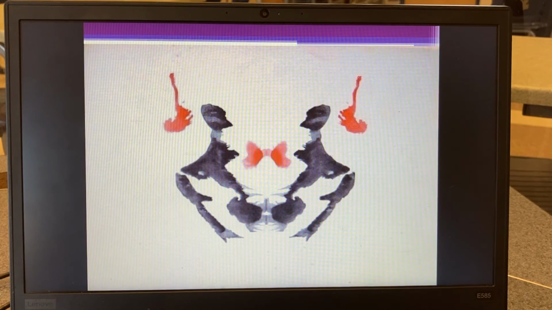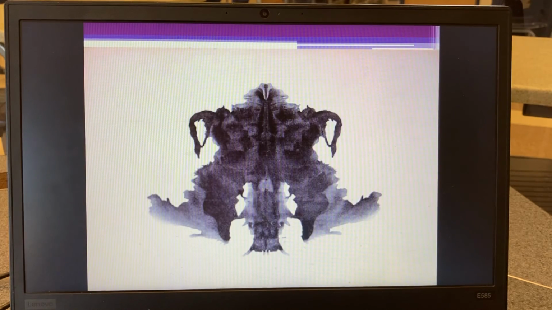I see a frog. I also see two guitars and a bow. I see people banging on drums. Again, different things. What do you see? I see Bigfoot coming at me with his arms out to his side. I see a big tail.